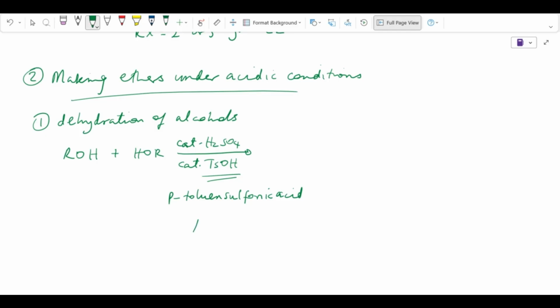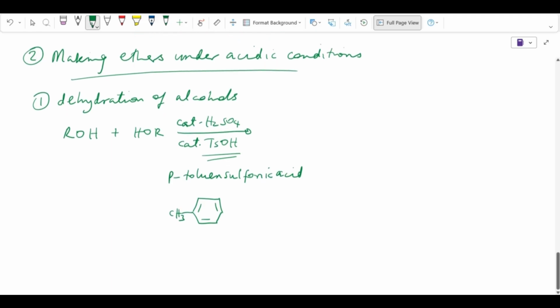So you have toluene. Toluene is a benzene ring with a methyl group on it. The toluene is connected to sulfonic acid. Sulfonic acid is sulfur with two oxygens that are doubly bonded to sulfur, and you have OH here.